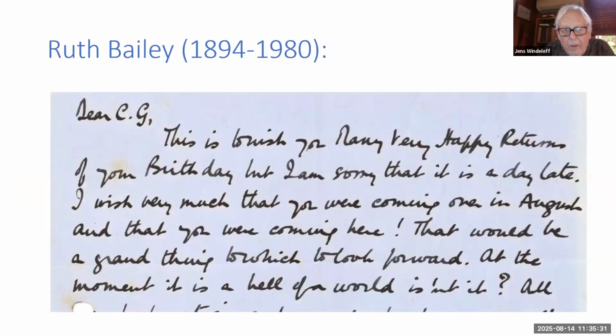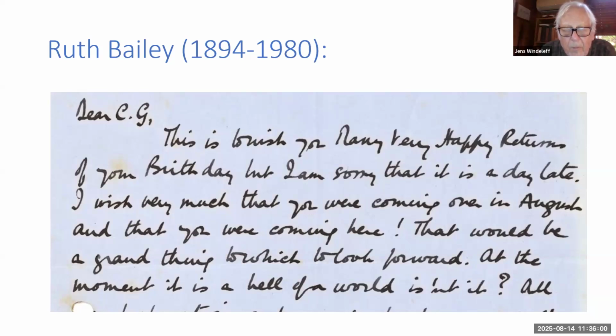And here is the handwriting of a very important person, namely Ruth Bailey. He met Ruth Bailey, an English nurse, on a boat on his trip to Africa, and a very interesting book has been written about the meeting of Jung and Ruth.